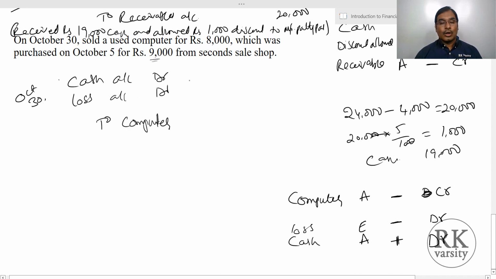So how much cash you received? You received a cash of rupees 8,000 and your loss is 1,000. Total value of your asset is 9,000.